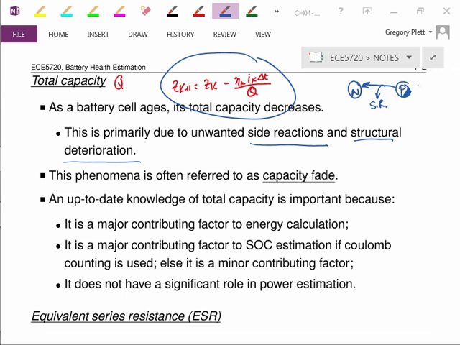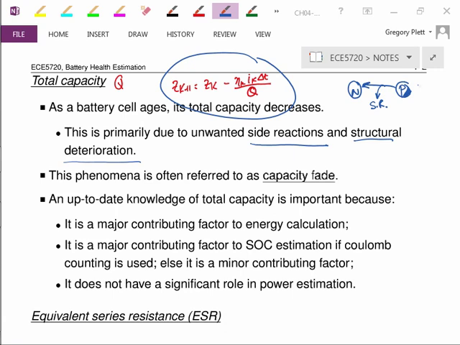I've mentioned that these crystal structures that make up the electrodes are like hotels, and the hotel room holds lithium. Well, the building is deteriorating and the hotel rooms are falling apart, and there's no longer the ability to hold anything anymore. So those are the two primary reasons why capacity would degrade.